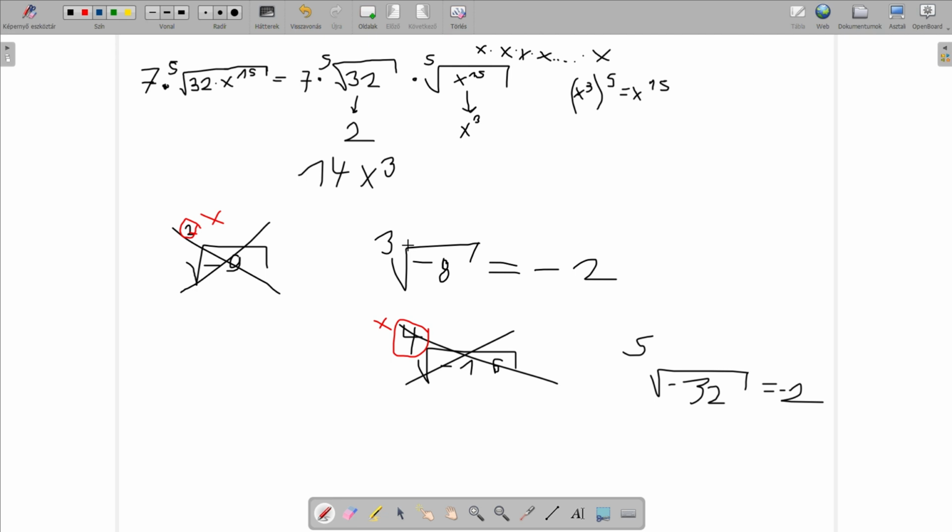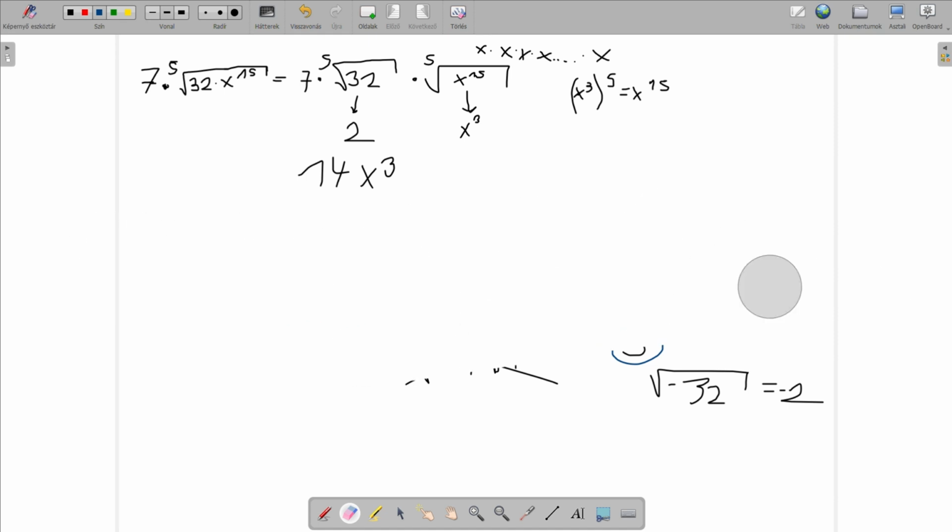However, if you take an odd number here in the top left corner, so if you take the third or the fifth or the seventh root of a number, then this is doable, of a negative number. So under the radical sign, you can always have a negative number, as long as the number in the top left corner is an odd number. So this is another important takeaway about the nth root of a number.